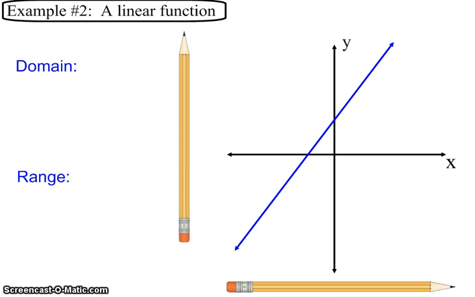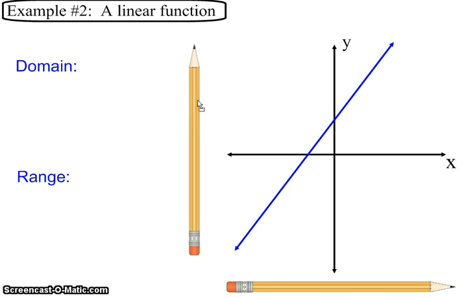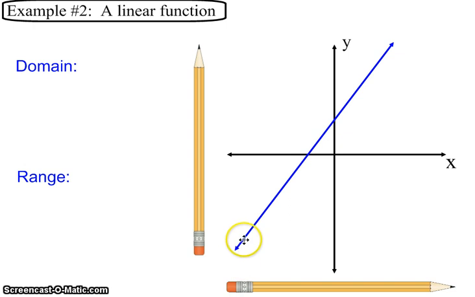So, first off, the domain. What I like to do is take my pencil or my finger or whatever, and I like to go left to right. And because this line has an arrowhead pointing to the left, you can see that it would keep going and keep going and keep going. We just don't want to draw that. But it would keep going left in the x direction.